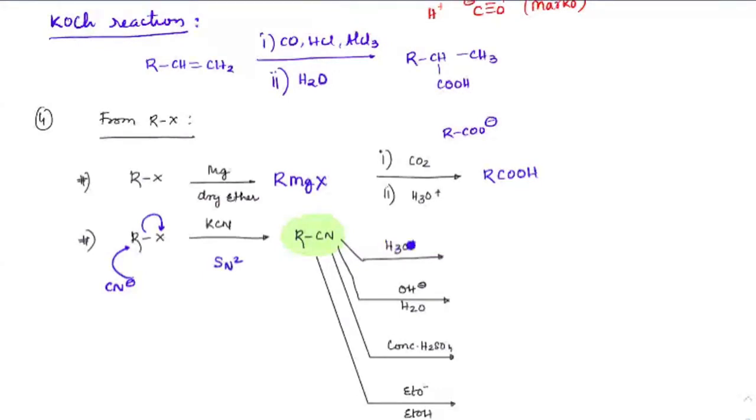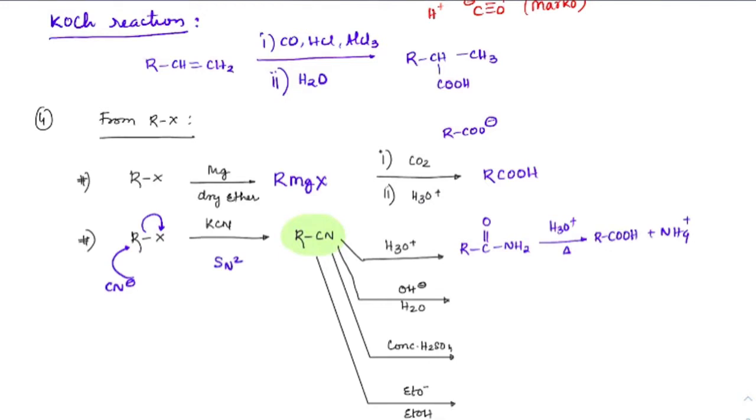On hydrolysis, whether it is acid hydrolysis or base hydrolysis, cyanides will convert into amides first. We'll get this as RC(=O)NH2, and amides on further hydrolysis and heating will give us RCOOH plus NH4+. This is what happens in acidic medium.